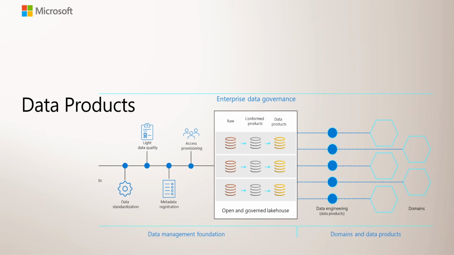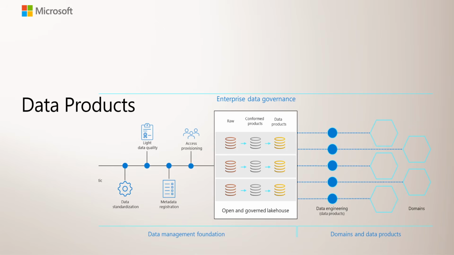So at this point, this is how we can stay true to Microsoft Fabric's fundamental principle of one copy. These three principles are extracted out of the well-architected framework, our cloud scale analytics well-architected framework.